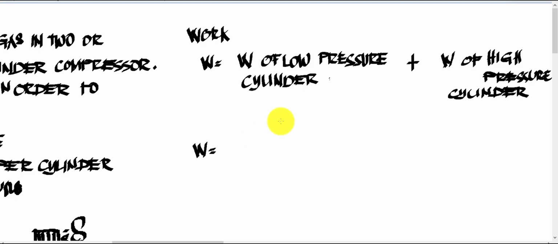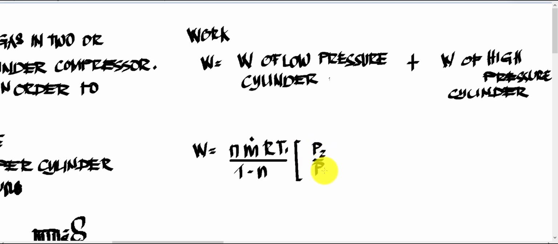Now for the work of the low pressure, we have N, then the mass flow rate multiplied by R T sub 1, divided by 1 minus N. Then we have the ratio of pressure 2 over pressure 1 raised to the power of N minus 1 over N, minus 1.